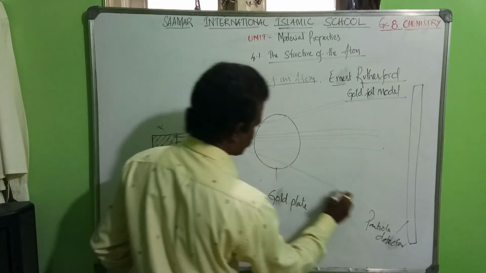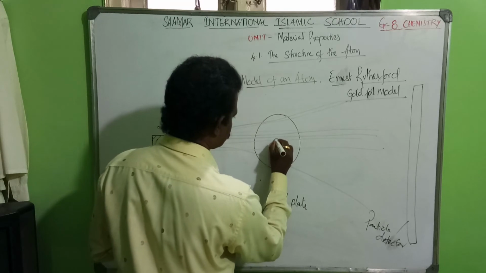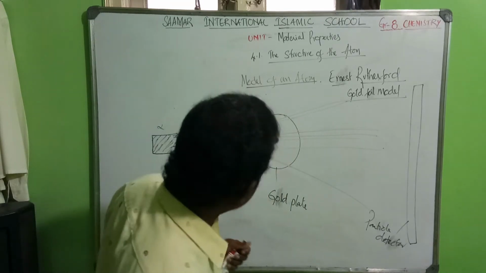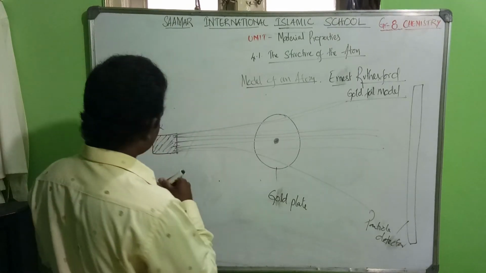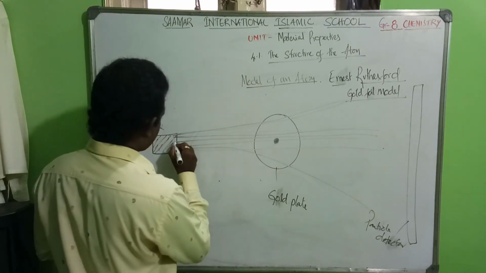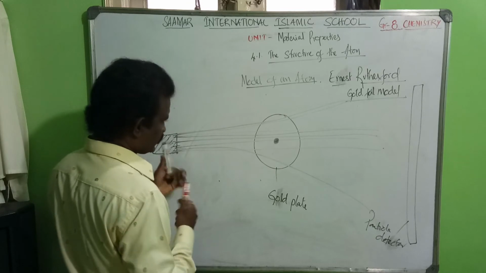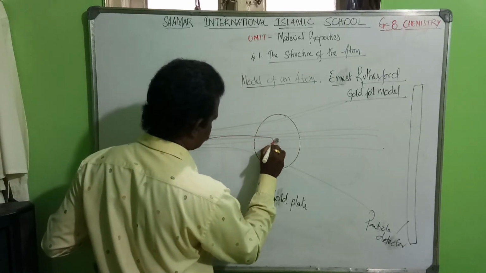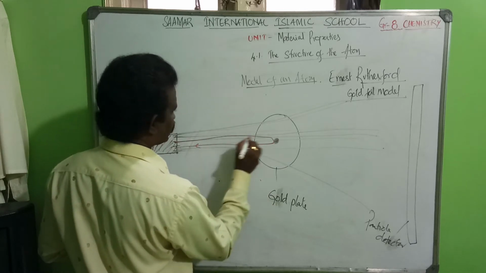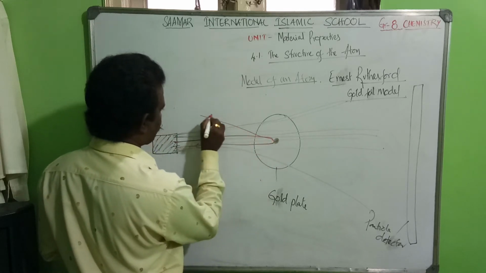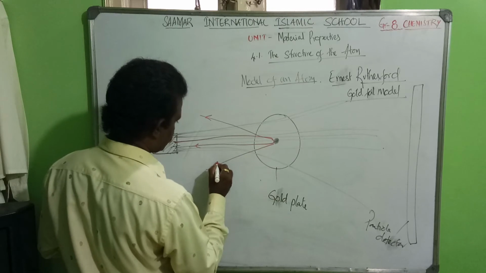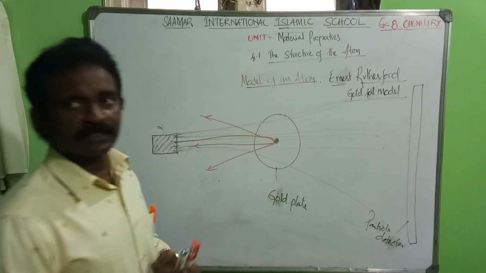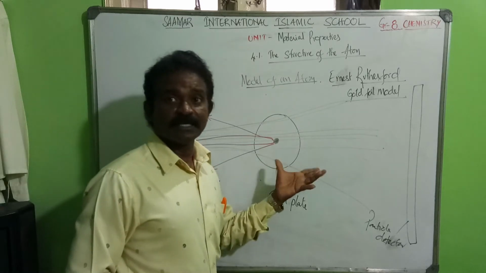Here I'll show you, this is the nucleus. Some rays were reflected, going back and bouncing back. Now he observed there are three types of charges in an atom.